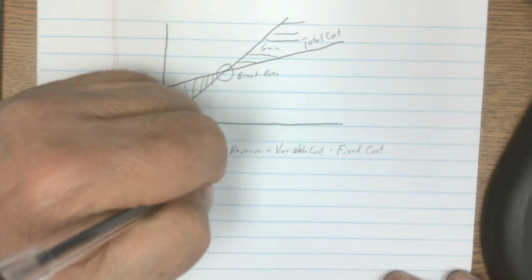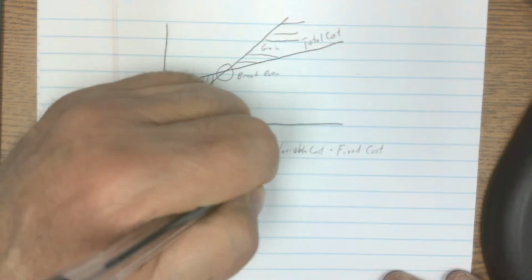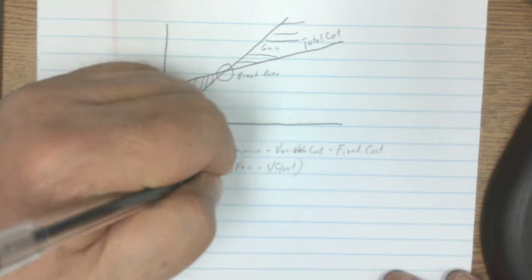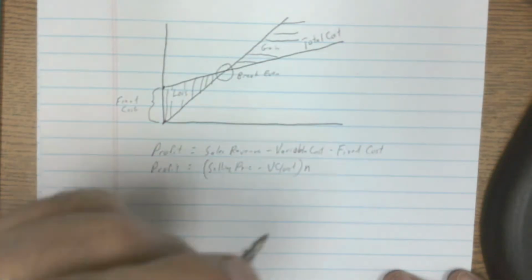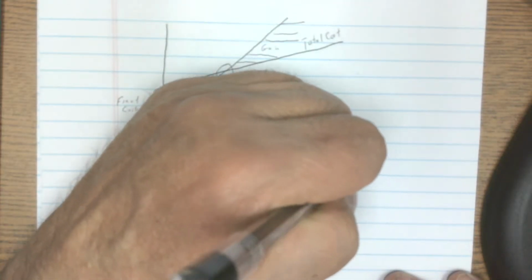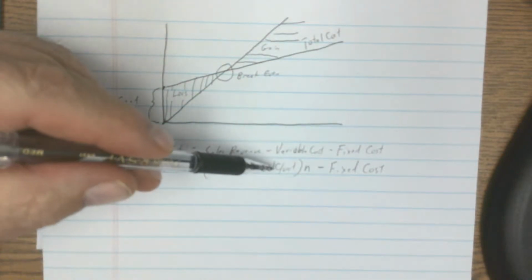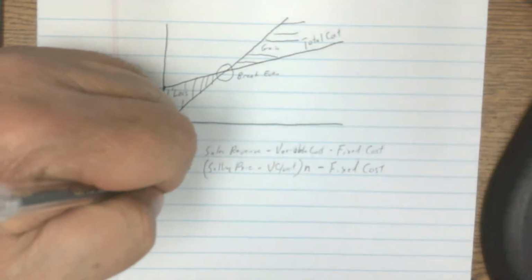to the selling price minus the variable cost per unit times N, or the number sold. All that minus my fixed cost. Now, as it turns out, this selling price minus variable cost has its own name. That's contribution margin.